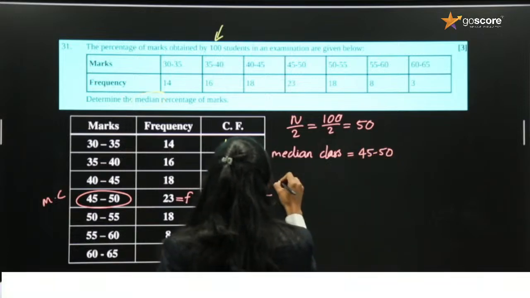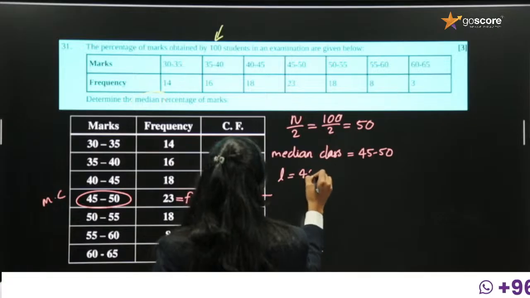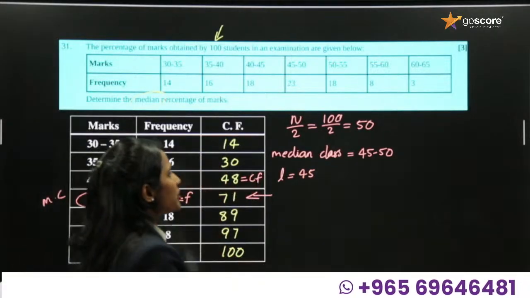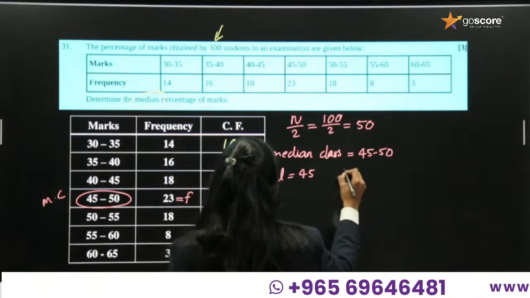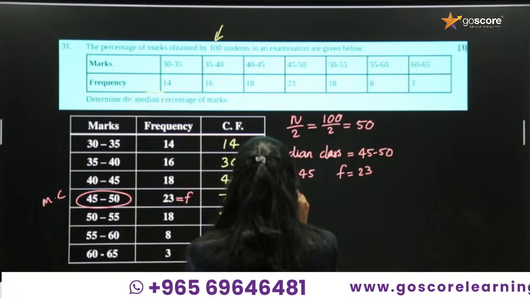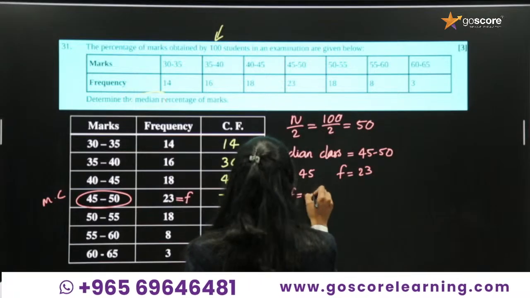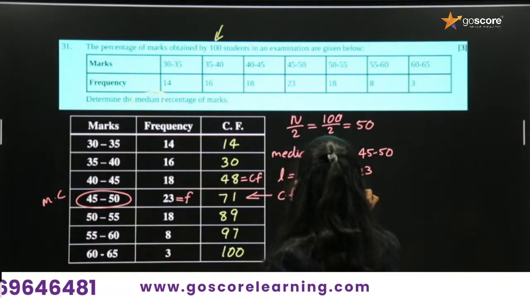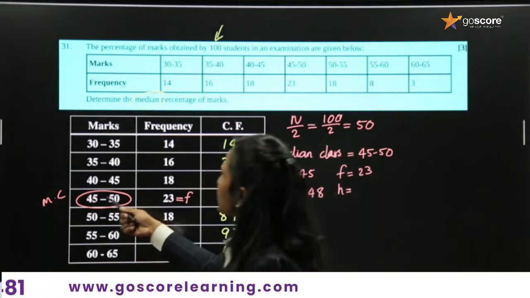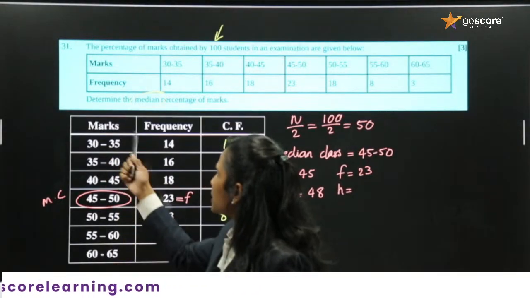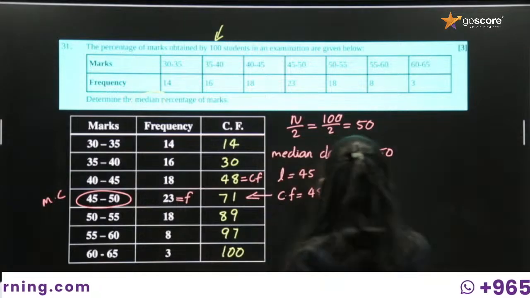So L value is equal to 45, the lower limit of the median class. Our F value is 23, CF value is 48. And one more thing, we need the H value. H is equal to the width of the class interval, so 30 to 35, 35 to 40, that is 5.